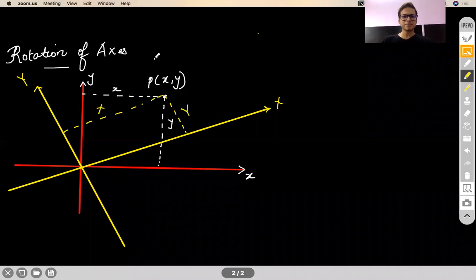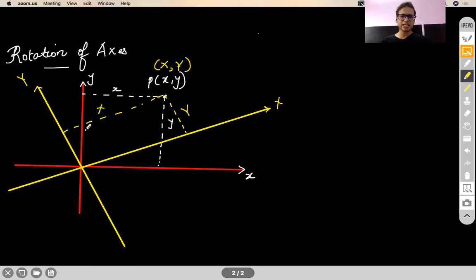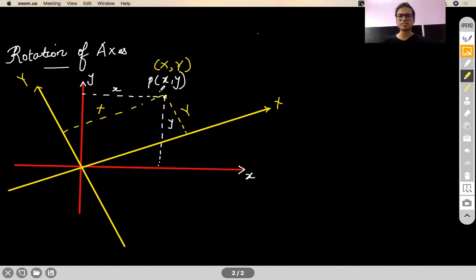So the same point will now be known by capital X and capital Y, where capital X represents the directed distance from the new y-axis, and capital Y will represent the directed distance from the new x-axis, correct? Of course, as you can see, the white x line and the yellow x line are not the same, right? The white y line and the yellow y line, they are not the same, correct? So things are going to change.